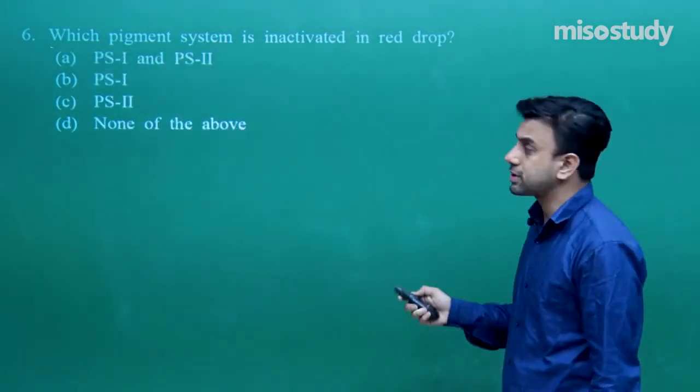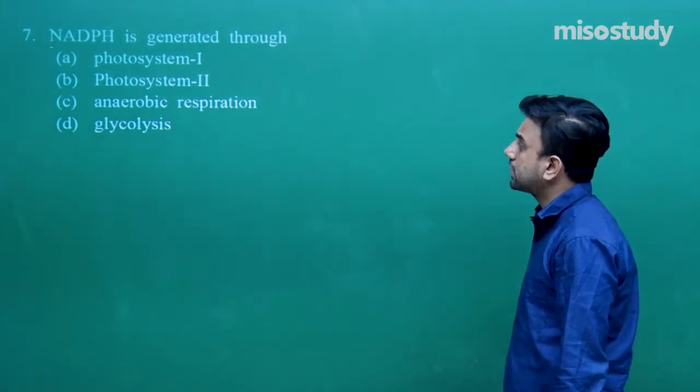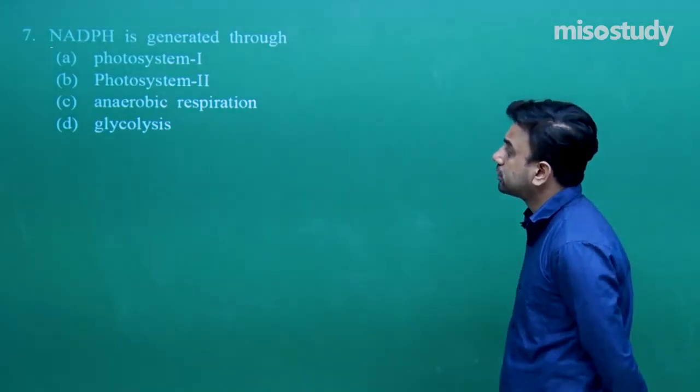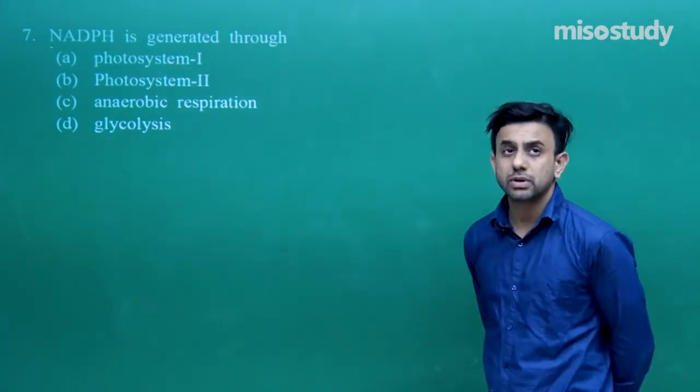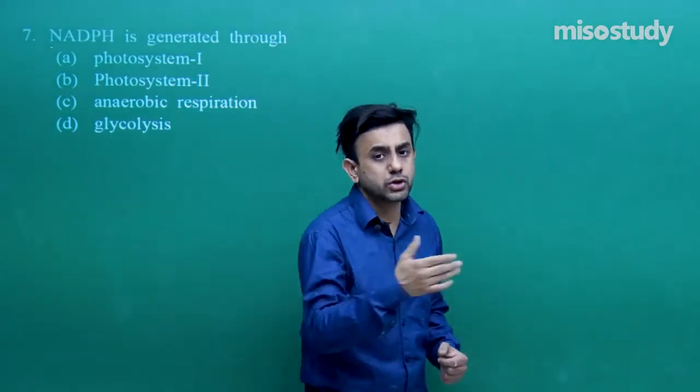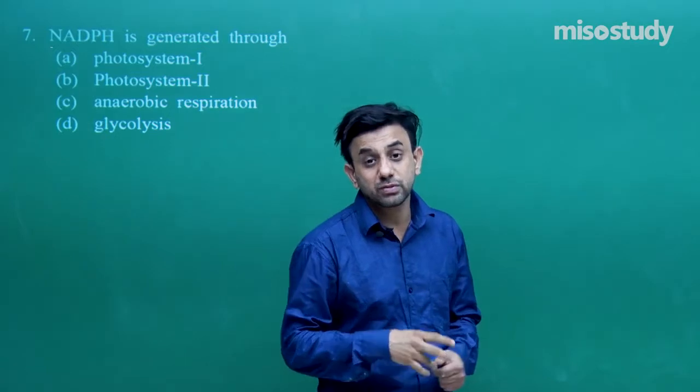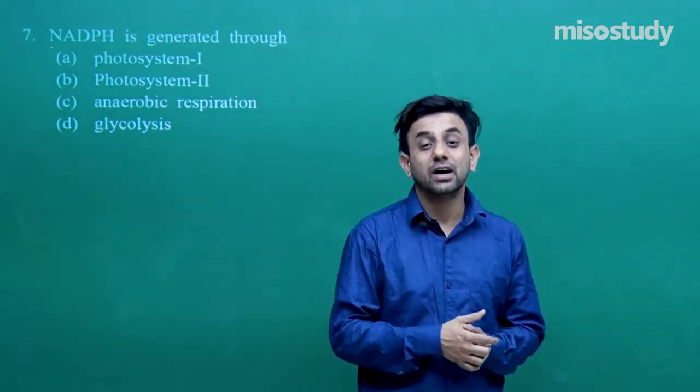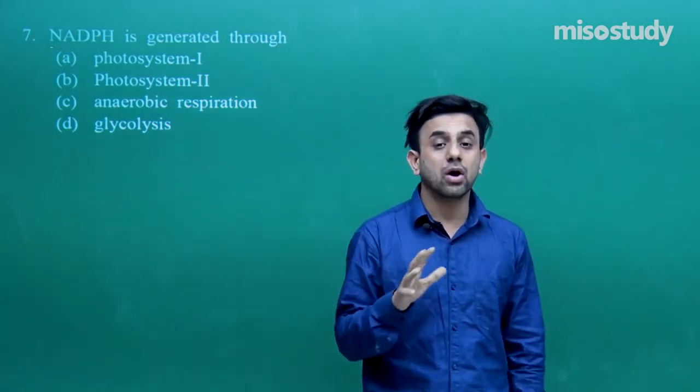We move on to the next question. NADPH is generated through photosystem 1, photosystem 2, anaerobic respiration and glycolysis. Now again, when we talked about the cyclic photophosphorylation, we said that ATP is generated. Was there NADPH generated? Not at all.